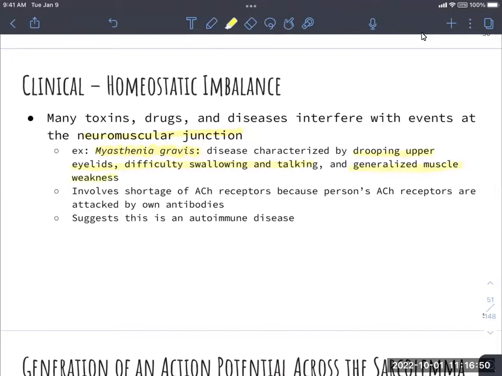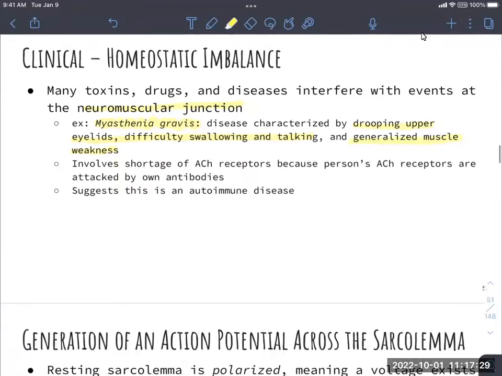They don't have as many acetylcholine receptors on their muscle cells, because it's an autoimmune disease, where your own body is attacking your own cells. So those receptors for the acetylcholine are no longer there because your body has degraded them, broken them down. Your own body is attacking itself and causing all these muscle problems.